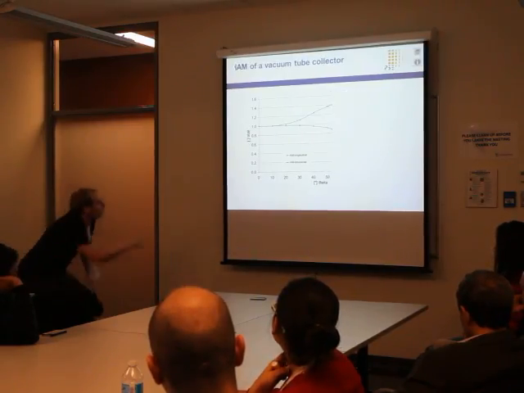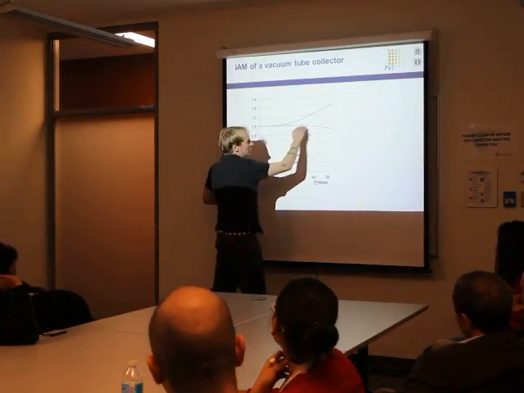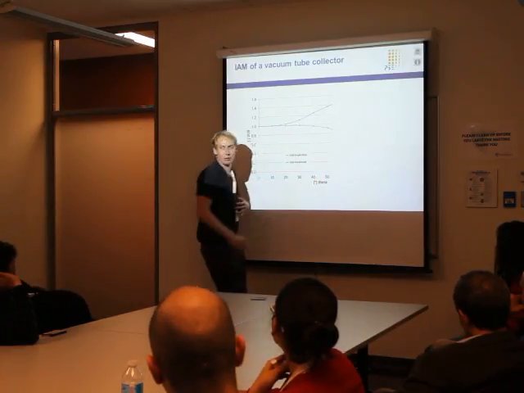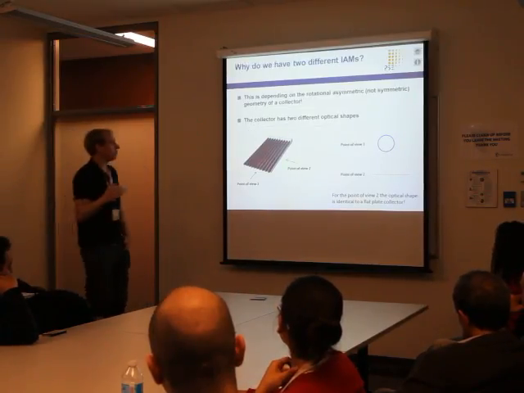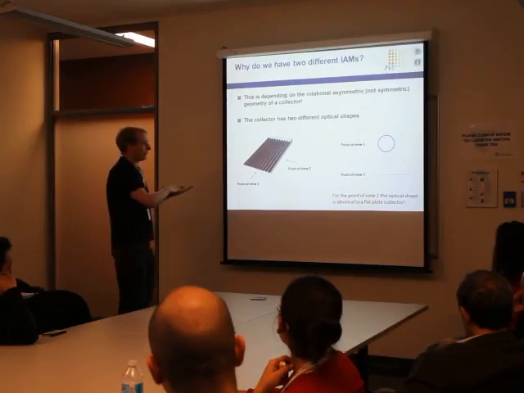You see, one is rising and one looks pretty much the same as a flat plate collector. That depends on the geometrical shape you look at on the collector.